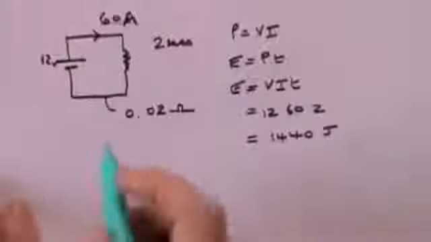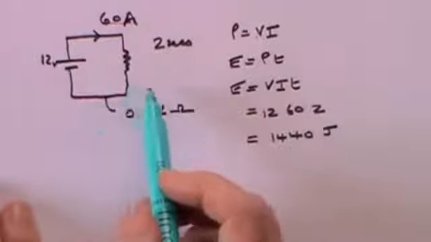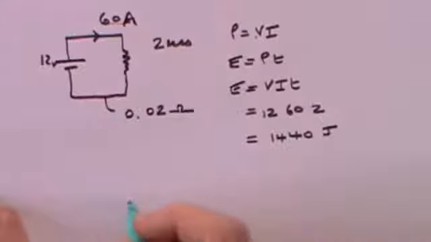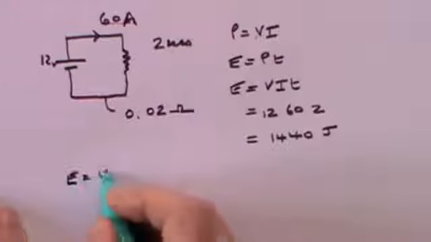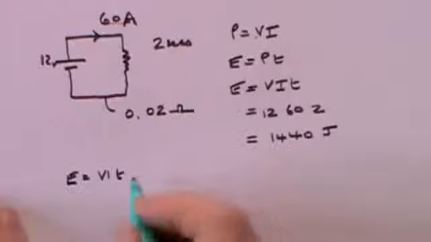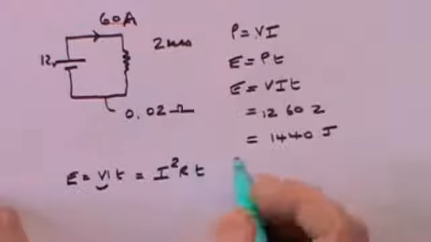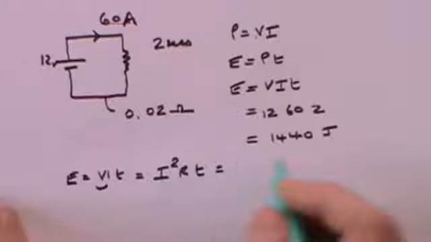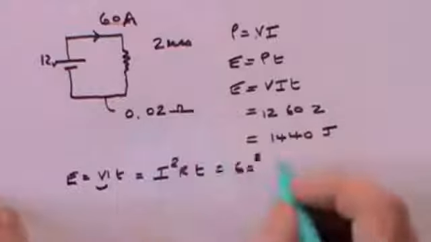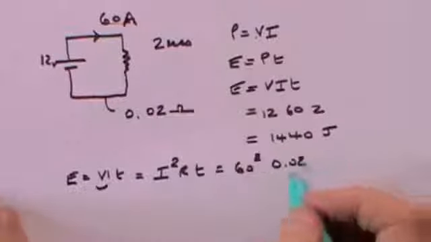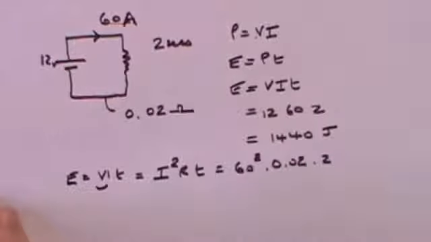What is the energy wasted? Well, the energy wasted will be the energy that is wasted in the resistance here, and that's going to be, energy is VIT, but you can also write VI as I squared R times T. And I is 60, so you've got 60 squared, times the resistance of the wire, which is 0.02, again times the time for which the current flows, which is 2 seconds.